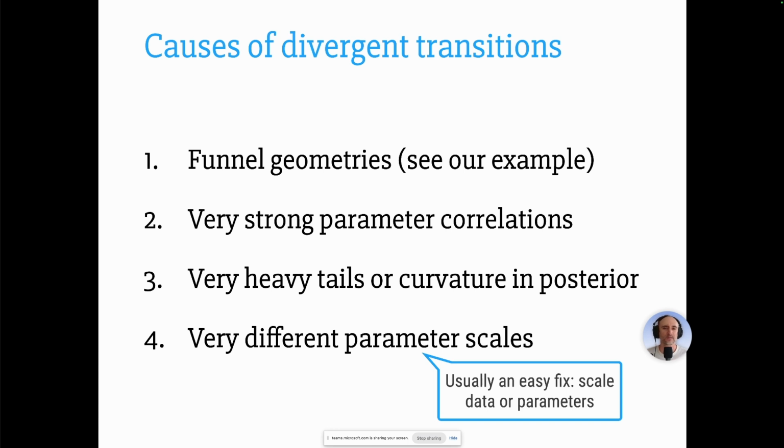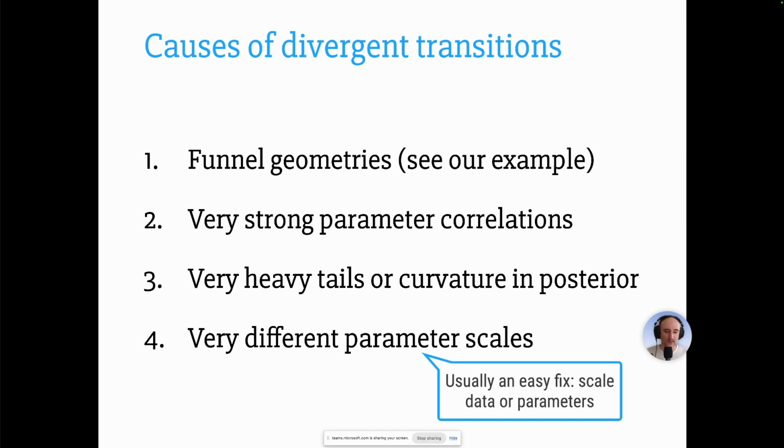So what are some causes of divergent transitions? Funnel geometries, as we call them, in the joint posterior shape are probably the most common, and we will work with one of those in an example. Secondly, very strong parameter correlations, very heavy tails or curvature in the posterior, or very different parameter scales. Some parameters are really big, some really small, so your parameters aren't roughly on the same scale, around a unit scale, so around 1.